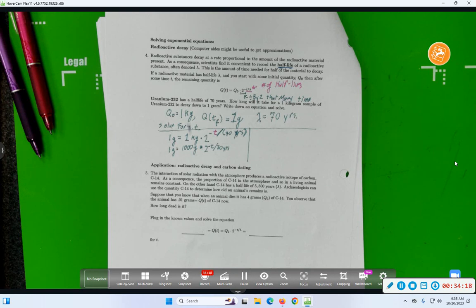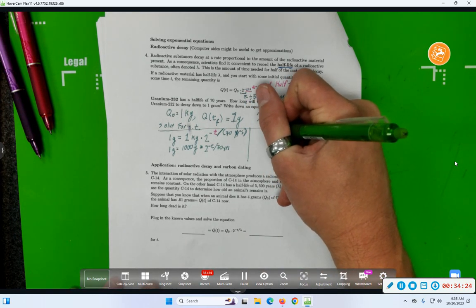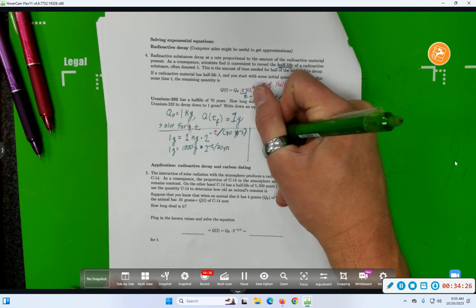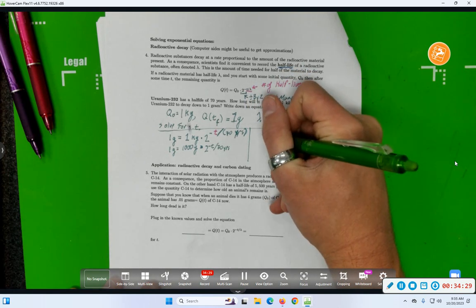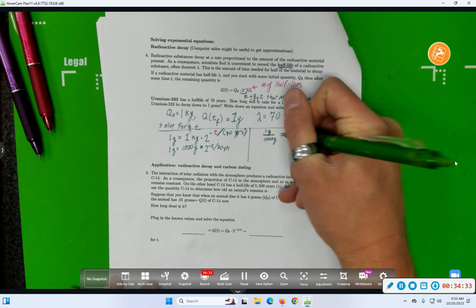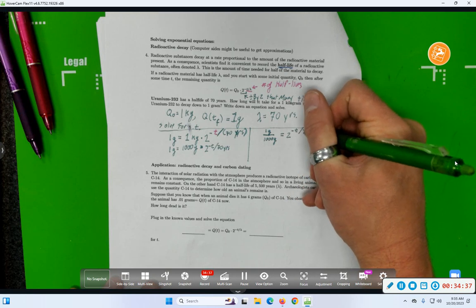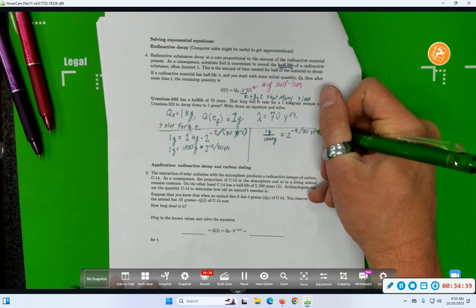Dividing by 1,000 grams. So let's divide both sides by 1,000 grams. So I will see 1 gram. I'm giving myself a little bit of space to the left so that I can put something there. Divided by 1,000 grams is equal to 2 to the negative t divided by 70 years.